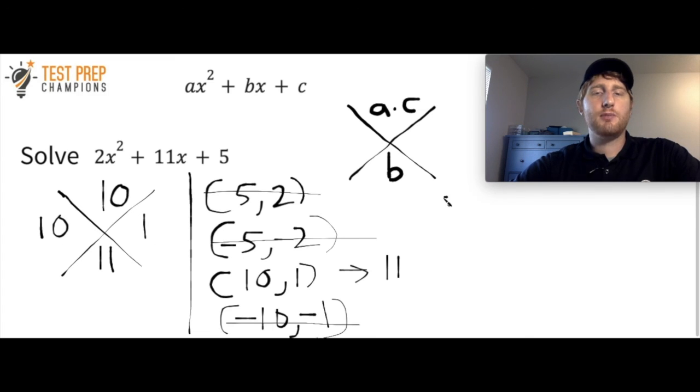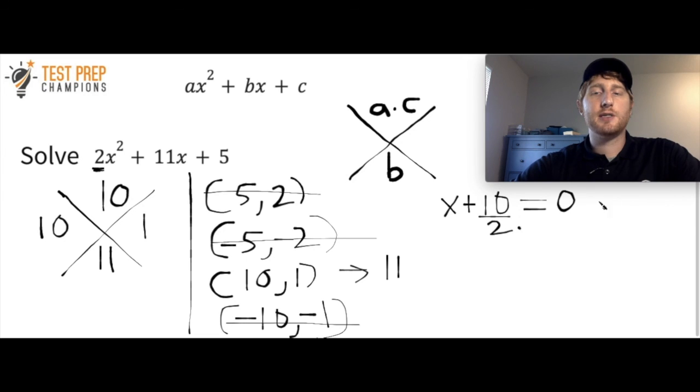So now I'm going to do x plus 10 equals 0. And I'm going to solve for x, but there's one more step I need to do. Since this is not a 1, I have to take this number and divide it by 2.